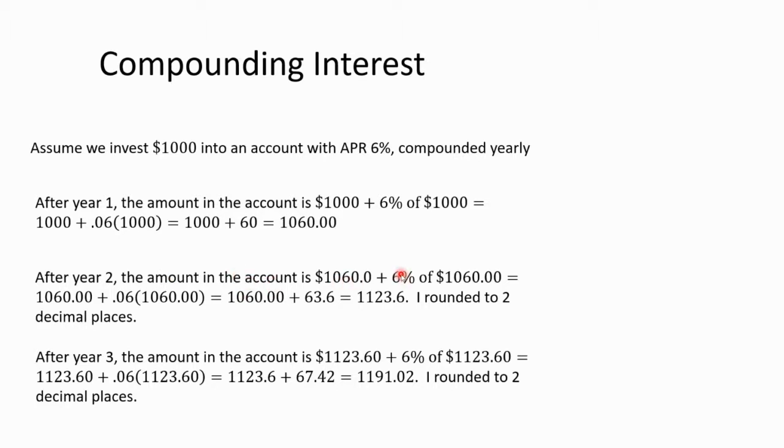We're going to calculate interest again. In other words, the balance is 1,060. The interest we earn now is 6% of that balance, 1,060. We're recalculating interest here. So we get 1,060, that was the old balance, plus the interest, which is 6% of 1,060.